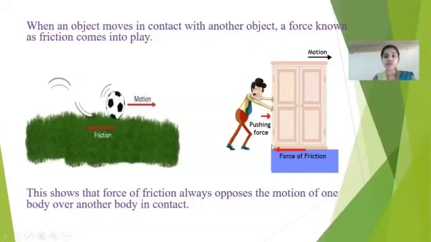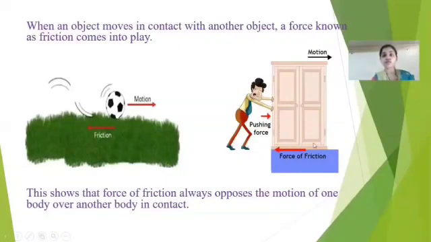The main role of the friction is to oppose the motion of one body over another body in contact. When the two bodies are in contact, here is the surface, and on that surface the cupboard is there, they interact with each other. So the man is trying to push this cupboard, but the force of friction opposes this motion.